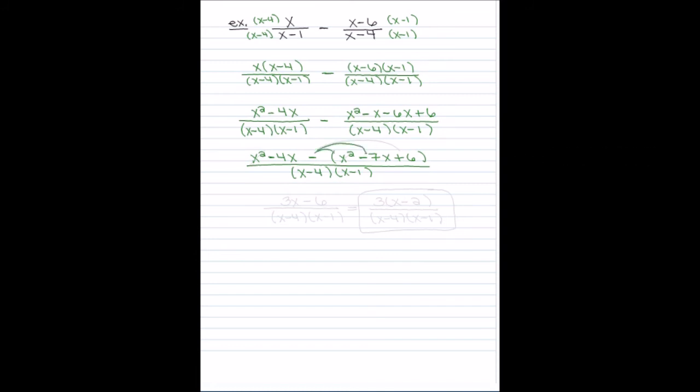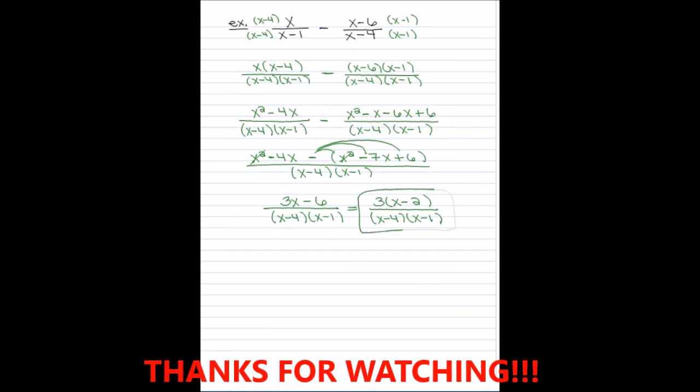That negative sign needs to go to each term in the polynomial. So x squared minus x squared, that makes the x squareds cancel out. And then you have negative 4 minus negative 7, which is going to give you 3x. And then you have minus 6 over my denominator. If I try to factor across the top, nothing cancels out with the denominator. So this is our final answer.